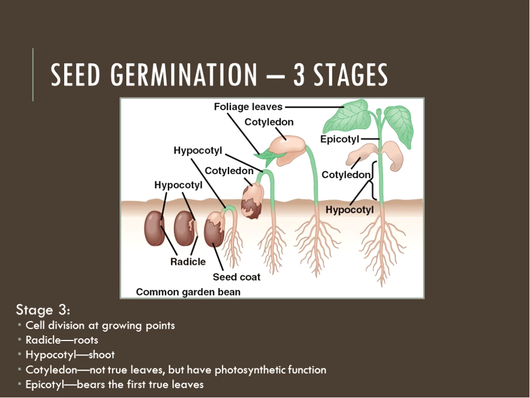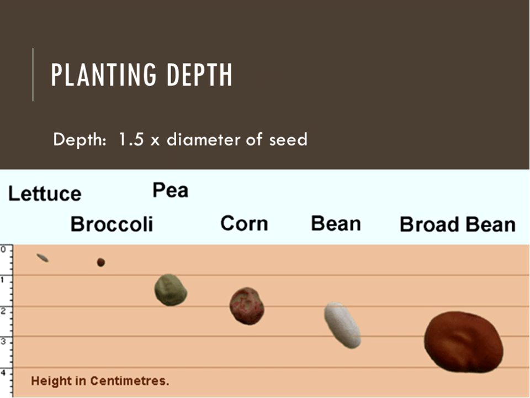And then after that, we get the hypocotyl, which is the seed shoot, followed by the cotyledons, or the seed leaves, leaves that have already been formed inside that seed. And then finally, the epicotyl, which is just more seed shoot that has what we call the first true leaves on it. So basically, stage 3 is when things actually start to come out of the seed. So that's our general sequence of events for germination.